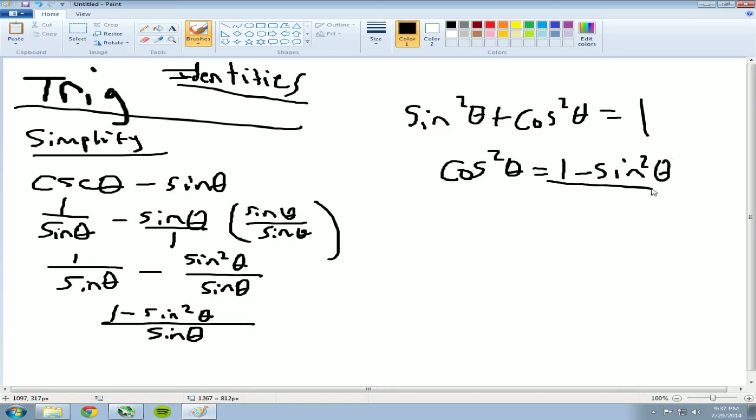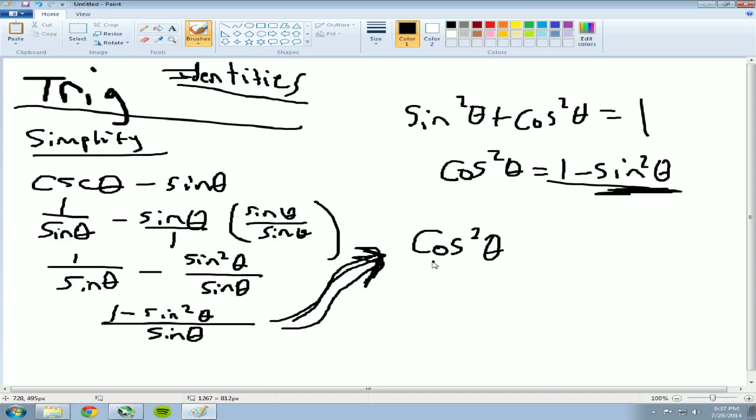And this is the identity itself. So when we look at this, we see this, and we're like, okay, well I can put cosine squared theta. So this is equal to cosine squared theta over sine theta.